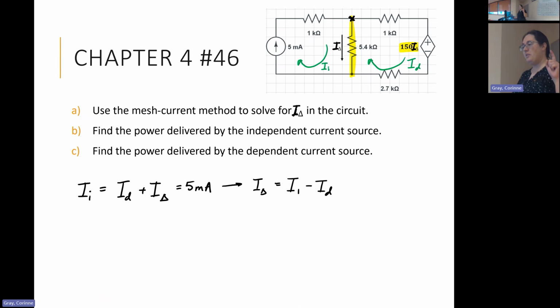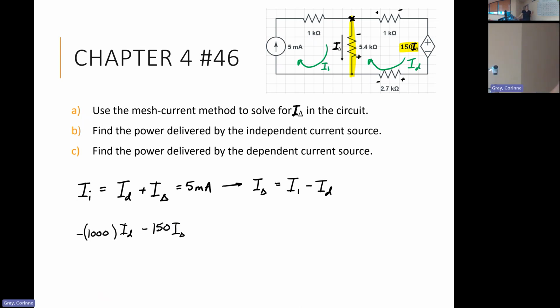So as I go across my 1 kilo ohm resistor, that'll be plus negative, plus negative, plus negative. So we'll have minus 1,000 times ID minus 150 I delta.